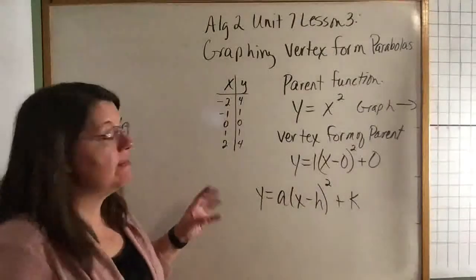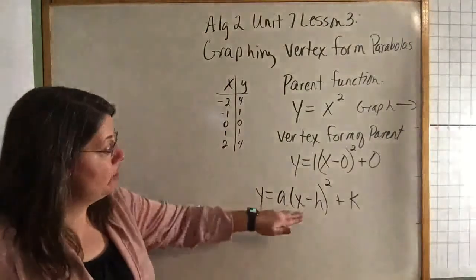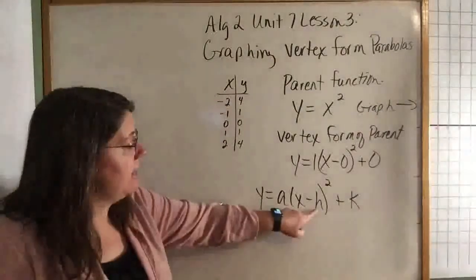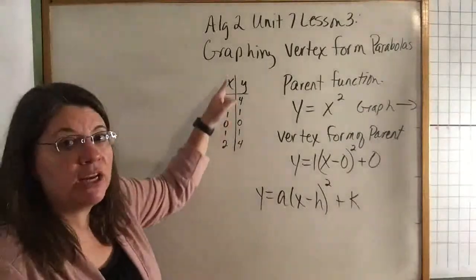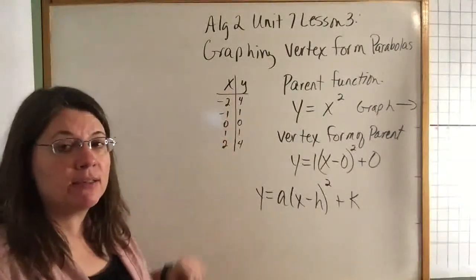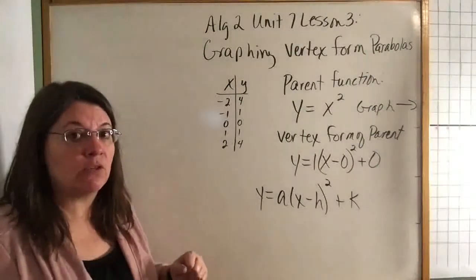Because if we can write that quadratic function with an a value of 1 in vertex form, then we can automatically figure out what h and k are, and we automatically know that the thickness of that graph is the same thickness as the parent function. And that, again, is when the a value is 1.